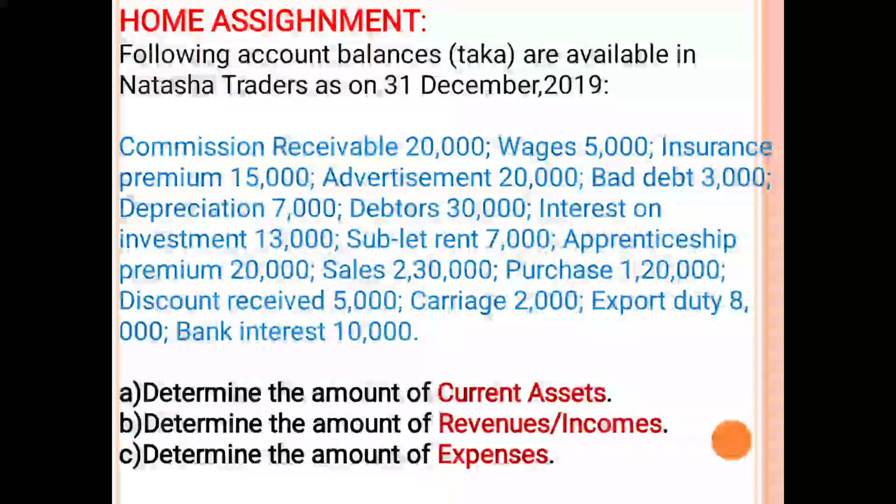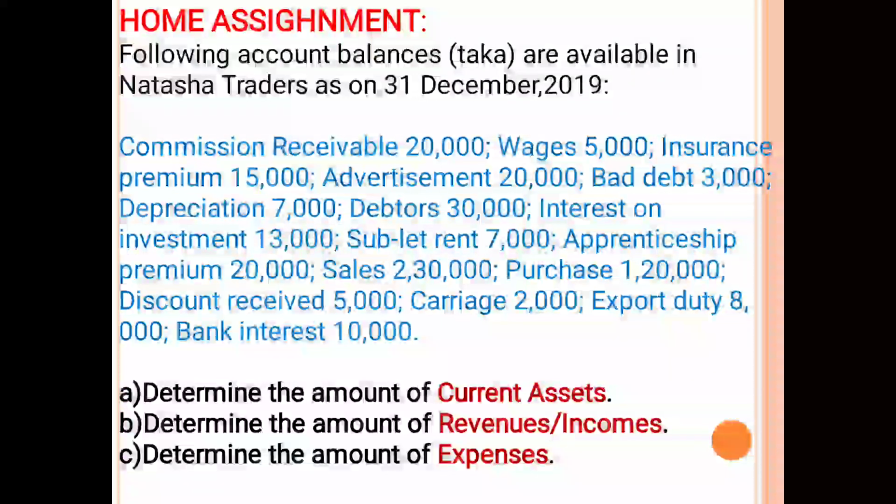Just start. Commission receivable, accounts receivable, bills receivable, one kind of asset. So any kind of receivable is a current asset. Wages, one kind of expense, that is revenue expenditure. Insurance premium is also a revenue expenditure, that is an expense item.